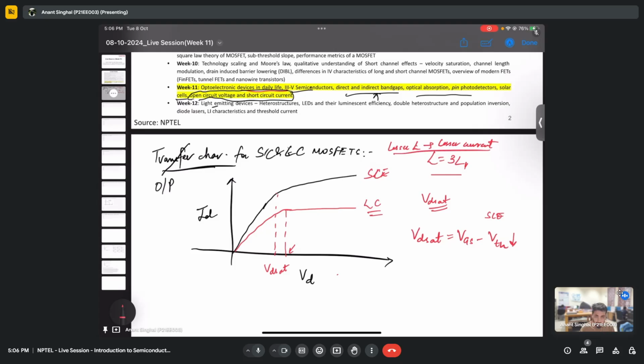Can you show where this numerical or the solution is? Just 10 minutes, sir. In assignment 10, we have the fourth question. Okay, I need to check it. Give me a moment.